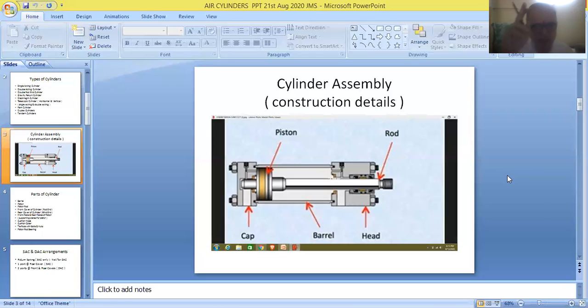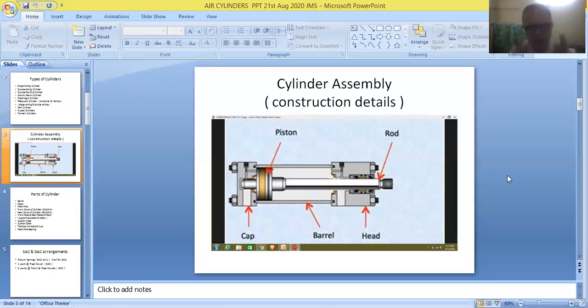So in the case of a single acting cylinder, only one port will be made on the left hand side of the piston, and no port will be available here, and a return spring has to be arranged inside the body of the cylinder.